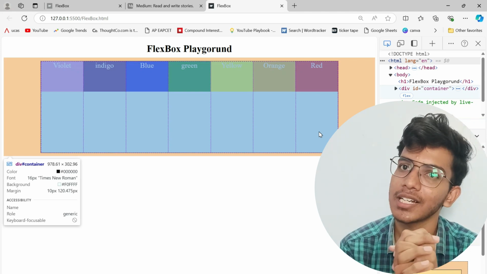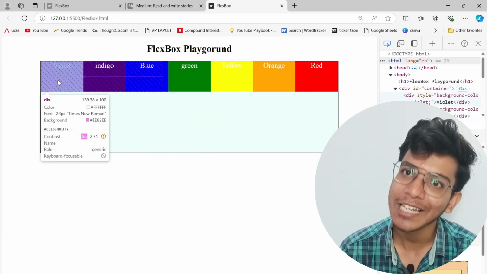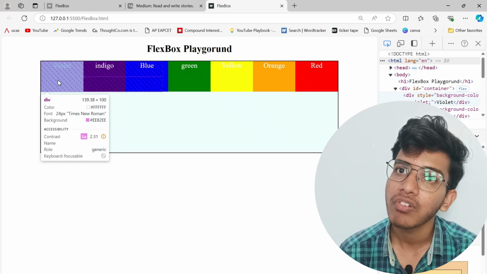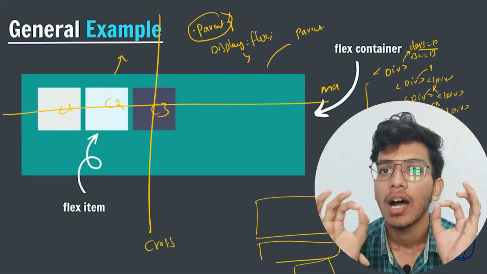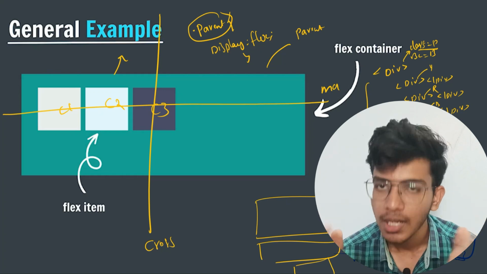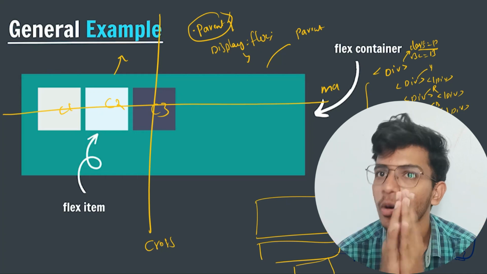I hope you have understood. So you can observe clearly that 400 pixels is not getting applied. Why? Because of the Flexbox model. Okay, I hope you have understood how the Flexbox model works. Now let us dive into the properties of the Flexbox model.